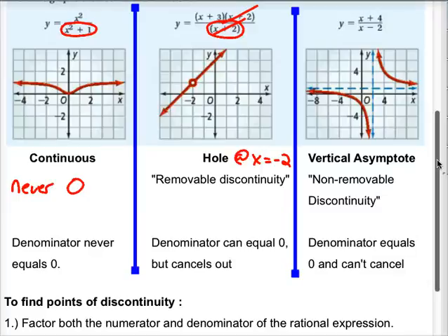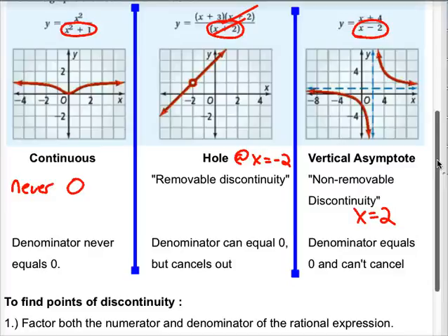And then I want you to see in this one, we're focusing on the bottom. So this means at x equals 2, there's what's called a vertical asymptote. Again, we have to avoid what would make us divide by 0. So in this case, if we used 2, it would make us divide by 0.